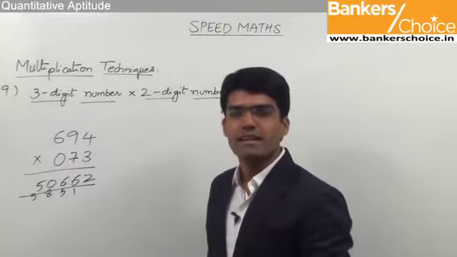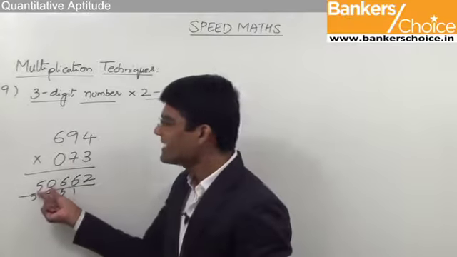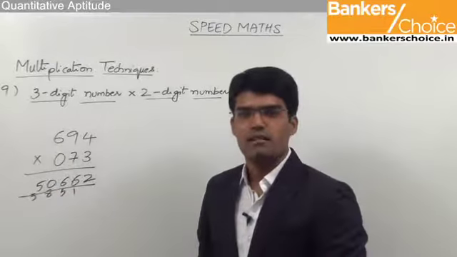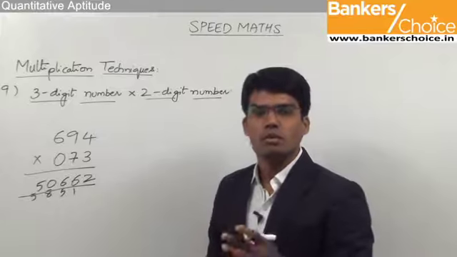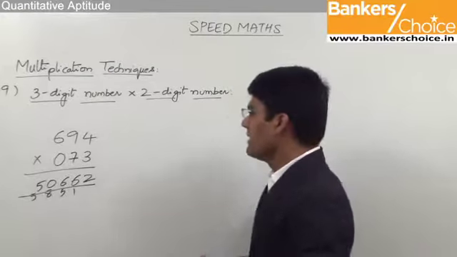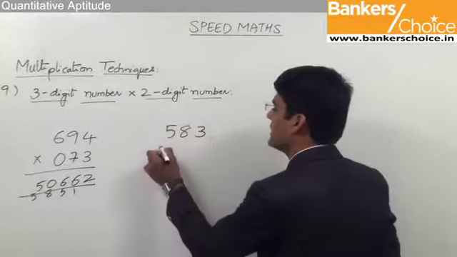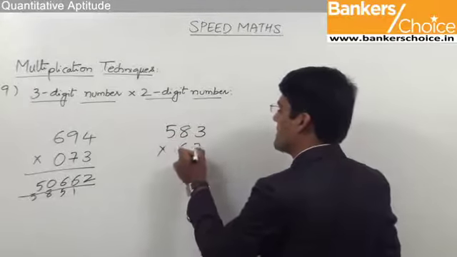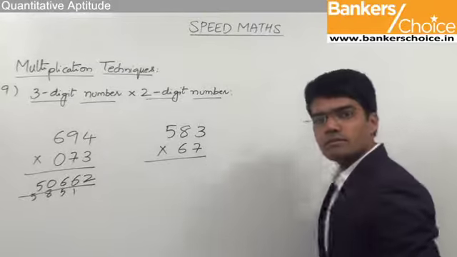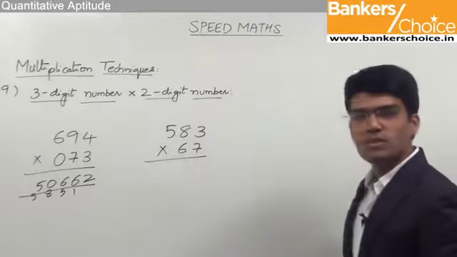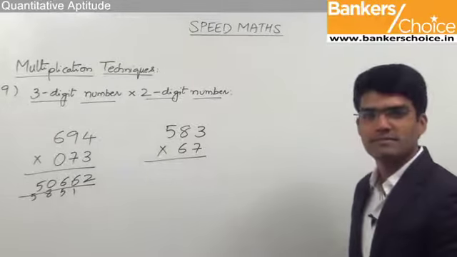So in the fourth step itself we can directly write the final answer. Let's now take one more example which you will solve based on the same technique. Let's say we have to multiply 583 with 67. Now try to multiply these two numbers and get the required answer.